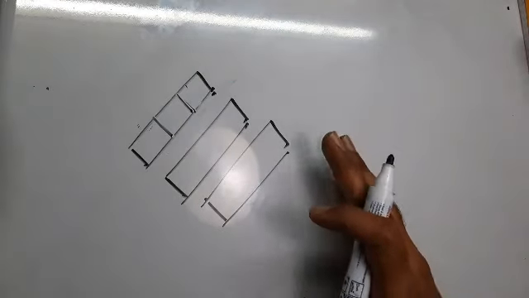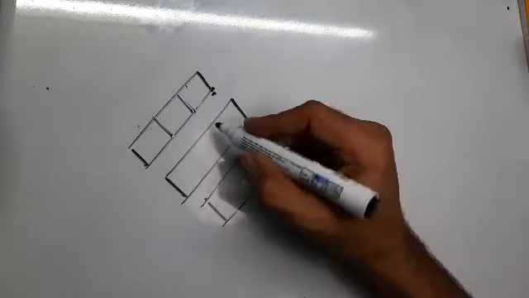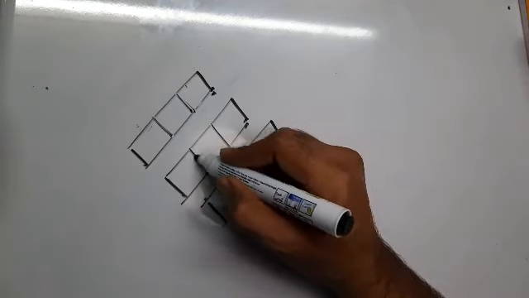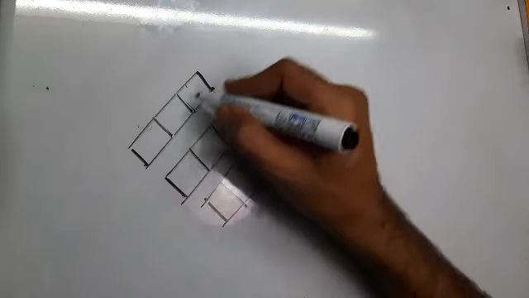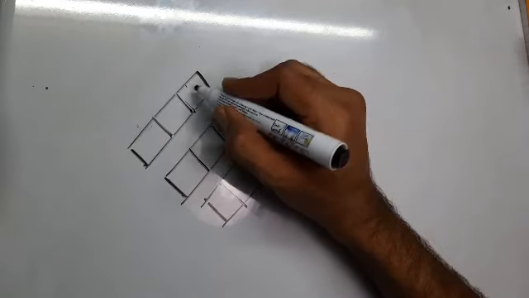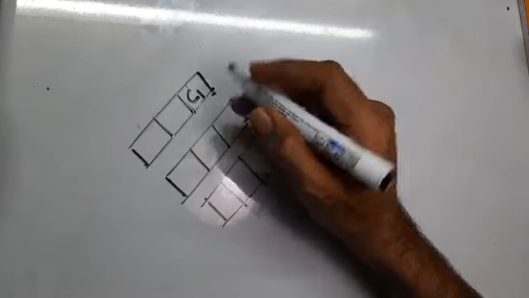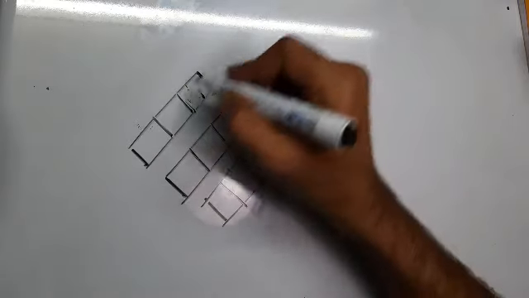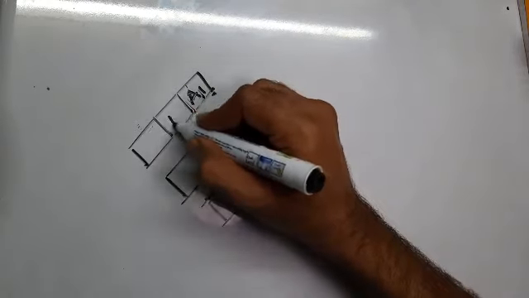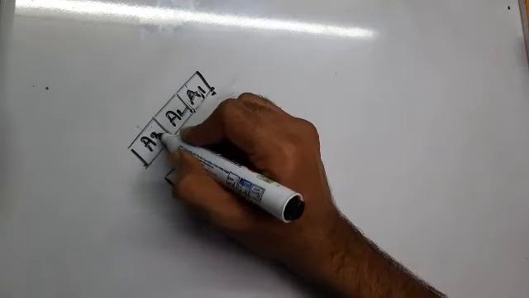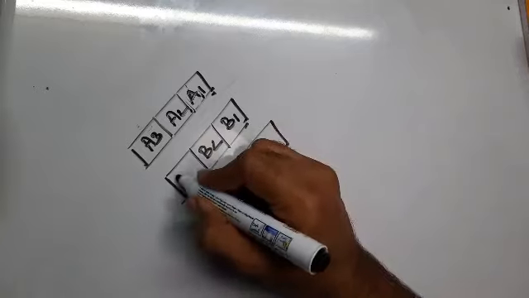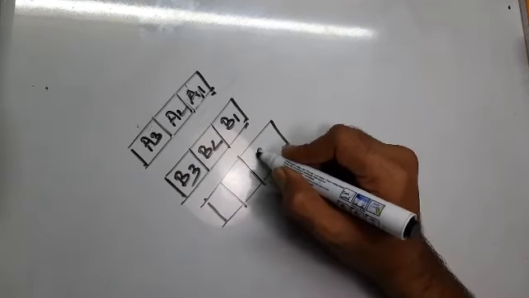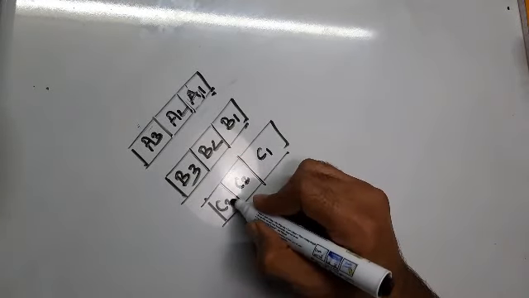For understanding, I am dividing my packets into 3 small chunks each: the first packet as A1, A2, A3, the second packet B1, B2, B3, and the third packet C1, C2, C3.